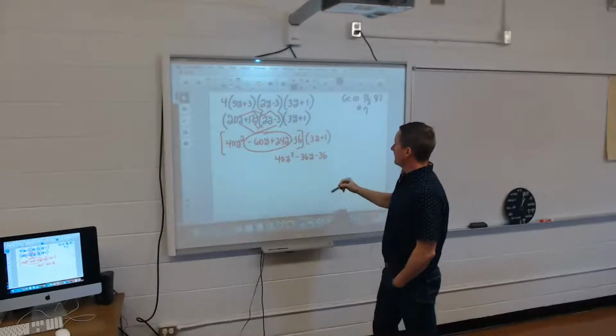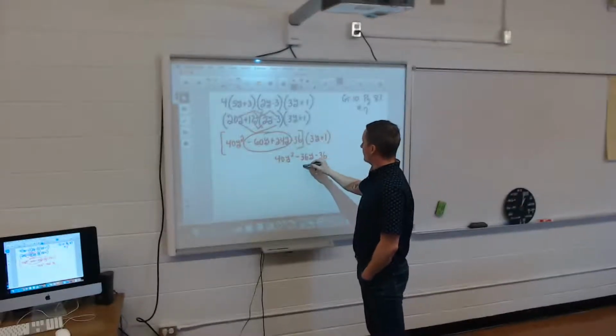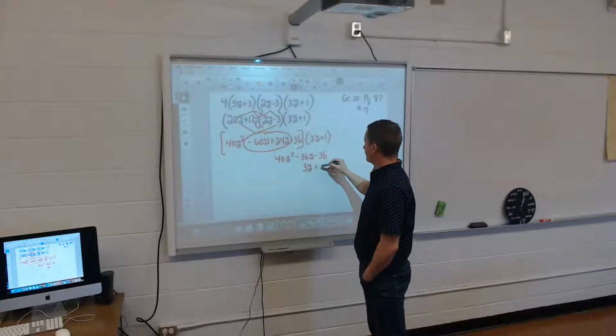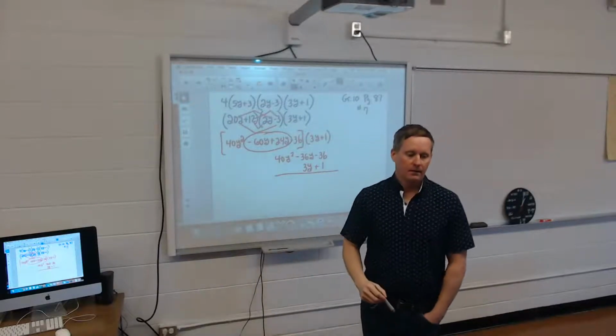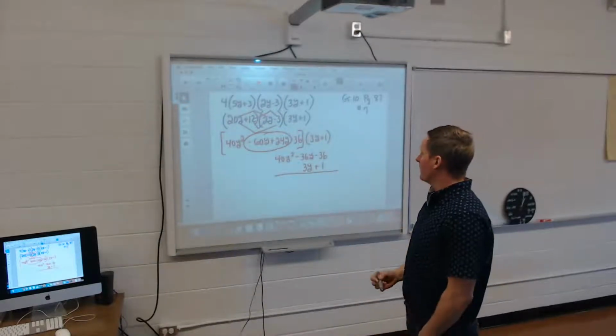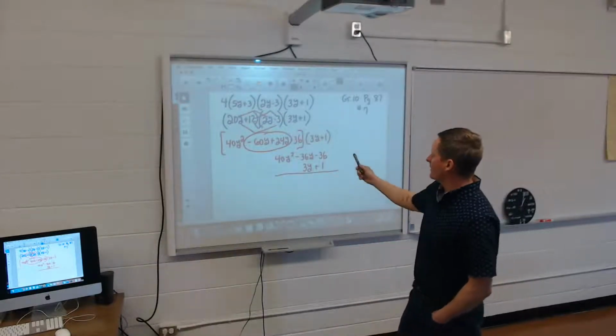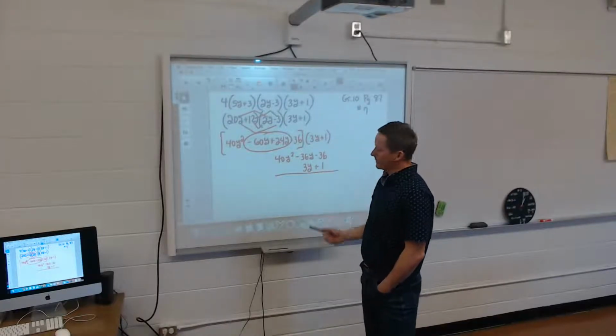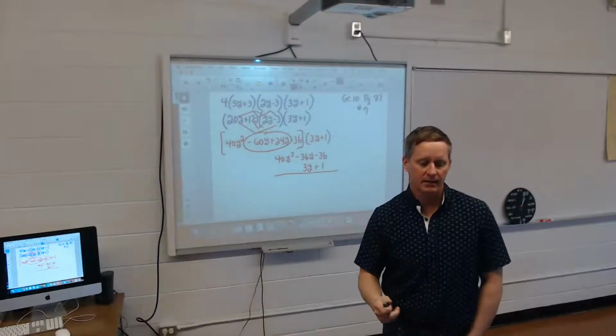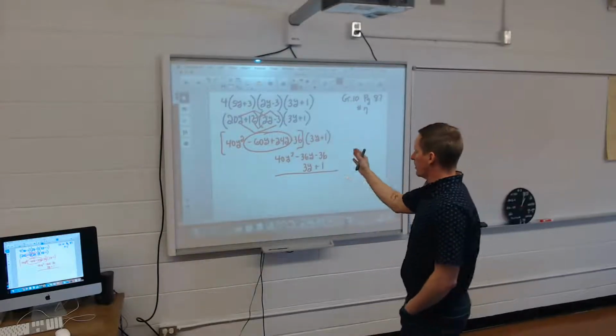Then I'm going to multiply it by 3y plus 1. Now you can use the distributive property, 3y times this and then 1 times all that, but I like the stacking. To me, it just puts it all in lines.